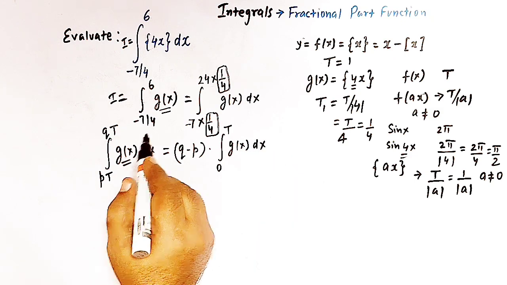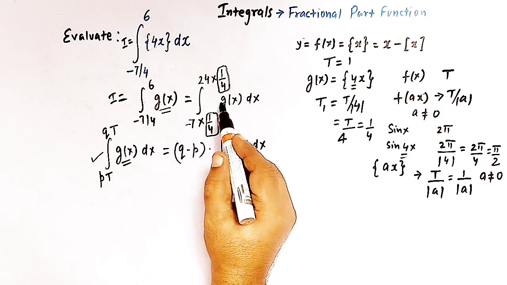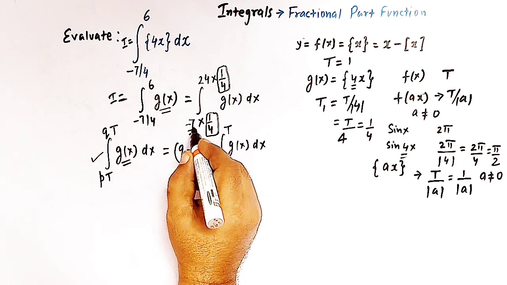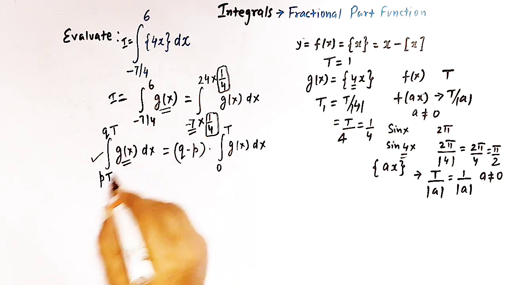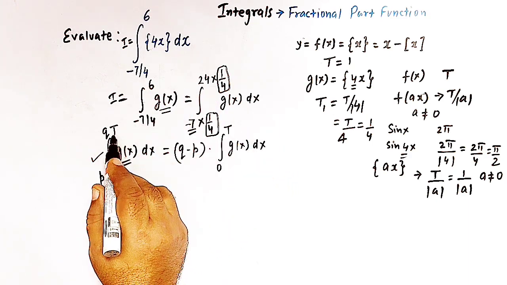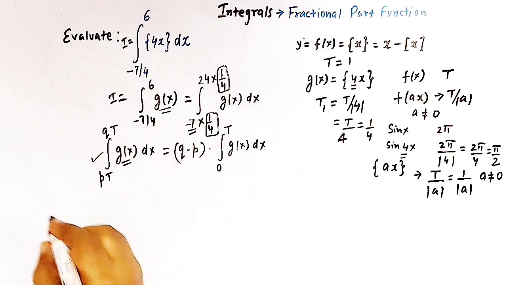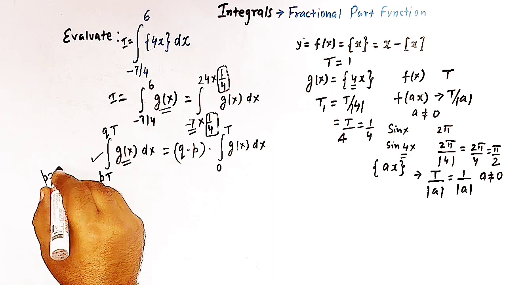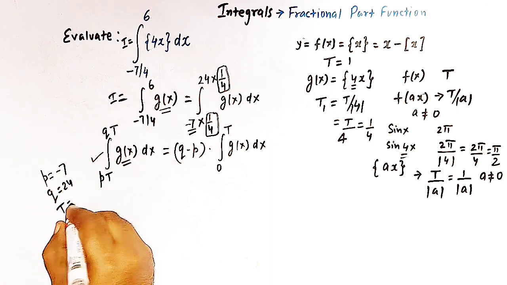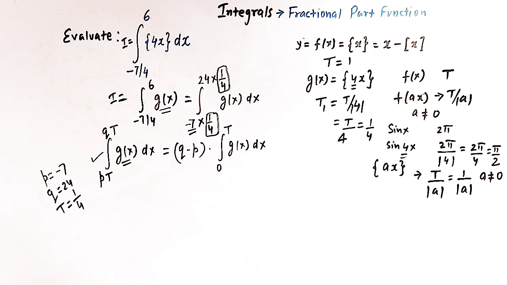So now if we compare this integral with this one, then the value of p is minus 7, q is 24, and t is 1 over 4, right?